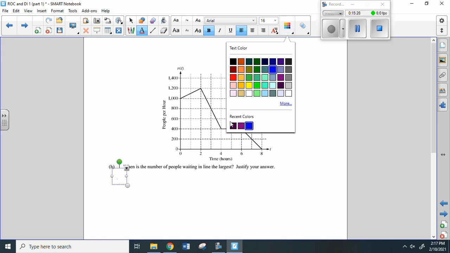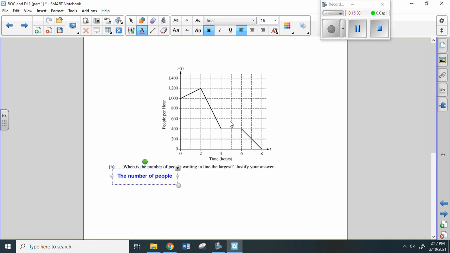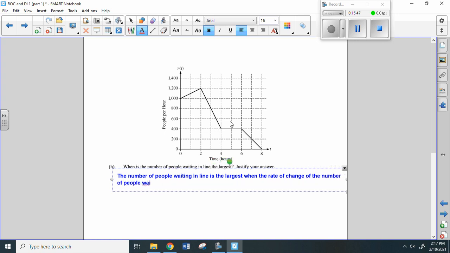All right, so we know that the number of people waiting in line is the largest when the rate of change of the number of people waiting in line, the derivative of something, is 0 and changes sign specifically from positive to negative.